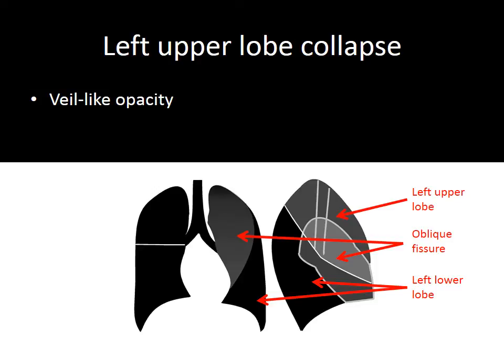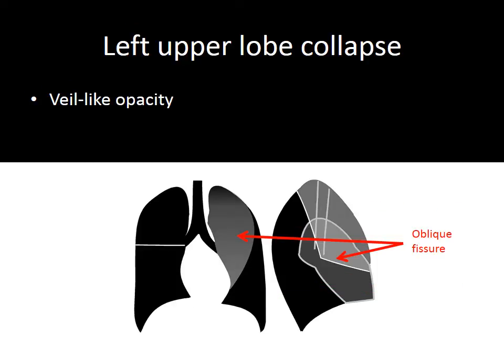I will now describe left upper lobe collapse. The left upper lobe lies superiorly and anteriorly in the chest, with the left lower lobe lying inferiorly and posteriorly. They are separated by the oblique fissure, which starts off by being more or less flat.